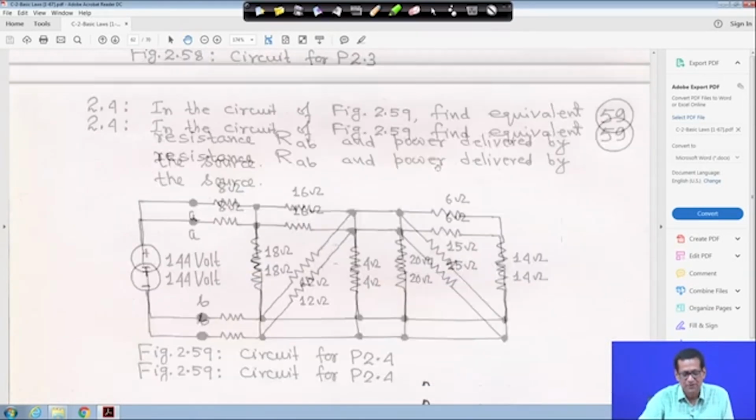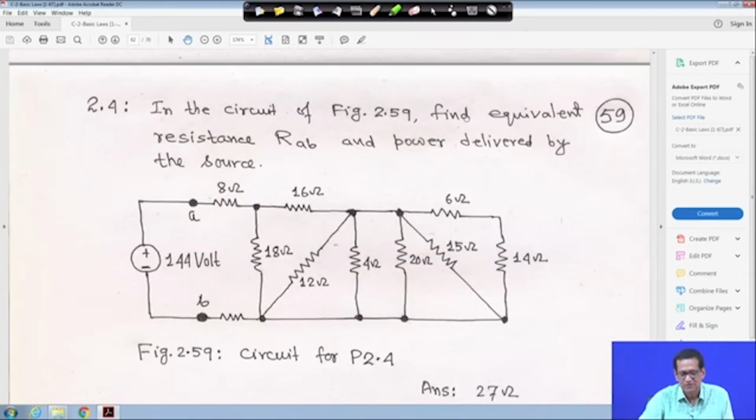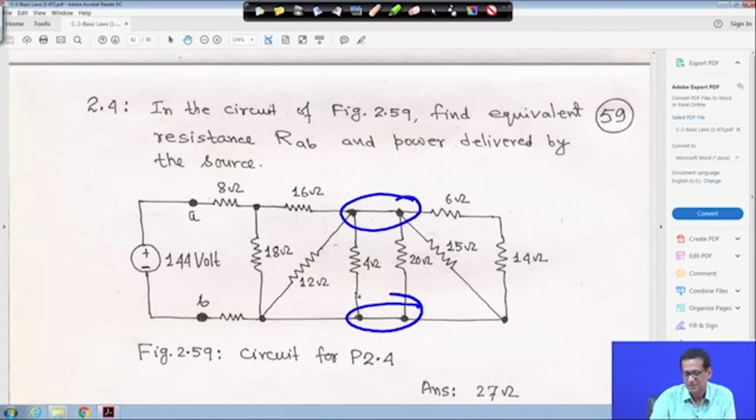Then problem 4, in the circuit you have to find out the equivalent resistance RAB. So, this is your A and this is your B. From here you have to find out RAB, right, equivalent. The only thing is that this node and this node is a common node. When you solve this one, this is a wire connected, so this is actually a common node, right.